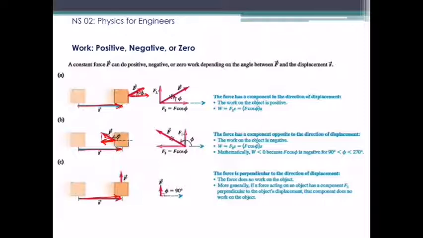If you calculate cosine 90 degrees, that is 0. Meaning that force is not doing any work on that particular object.